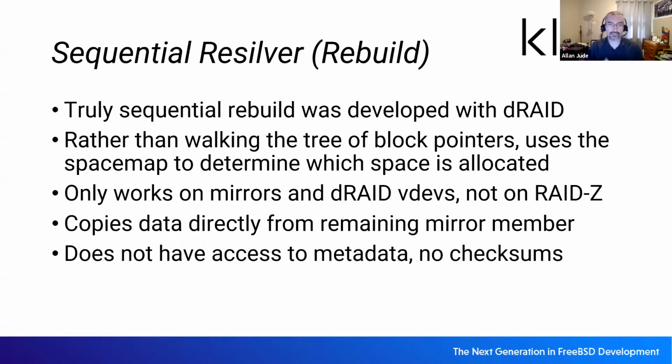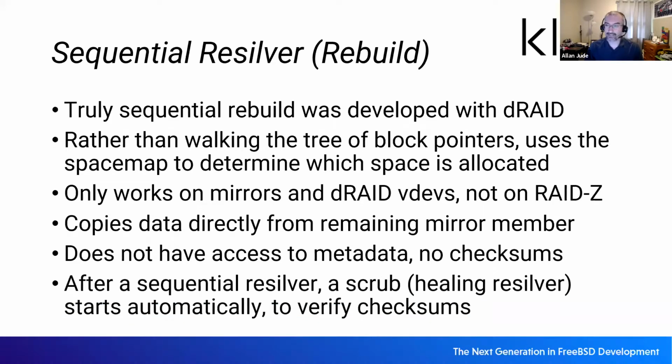But because you're using only the space map, you don't have access to the metadata or the checksum. So we do this sequential rebuild as quickly as possible to get your devices back online. And then it does the regular resilver that we described a minute ago to go through and now verify all those checksums.